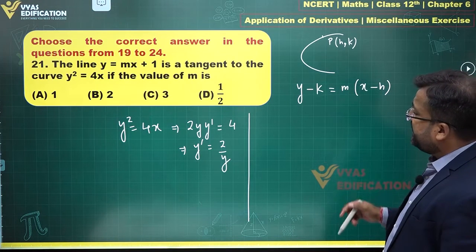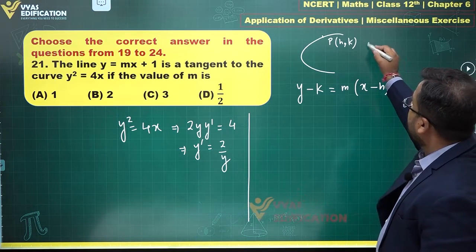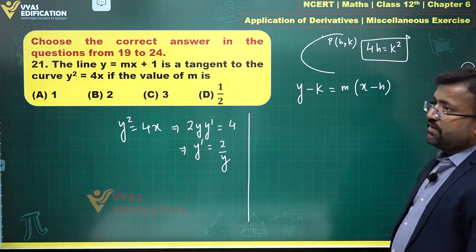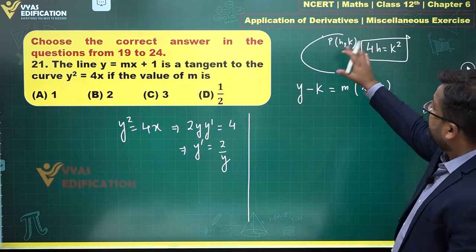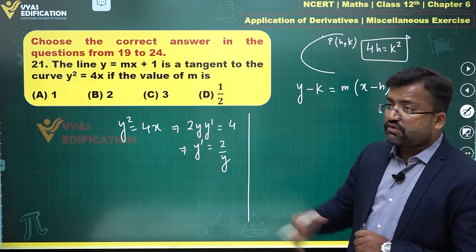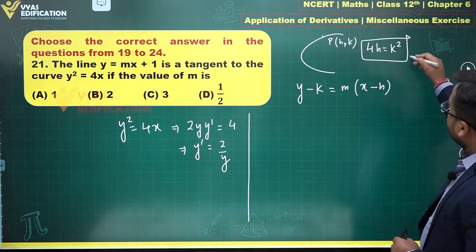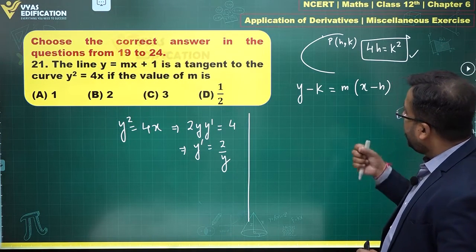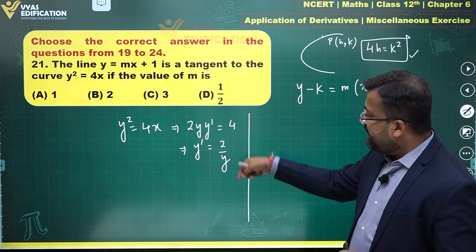And you have a relation between h and k, yes. What is that relation? 4h is equal to k². That's a relation that we already have between these two coordinates of the point, because the point lies on y² = 4x, right? So this is what we already know, and this is the equation of tangent, wherein m can be replaced by this 2 upon k.